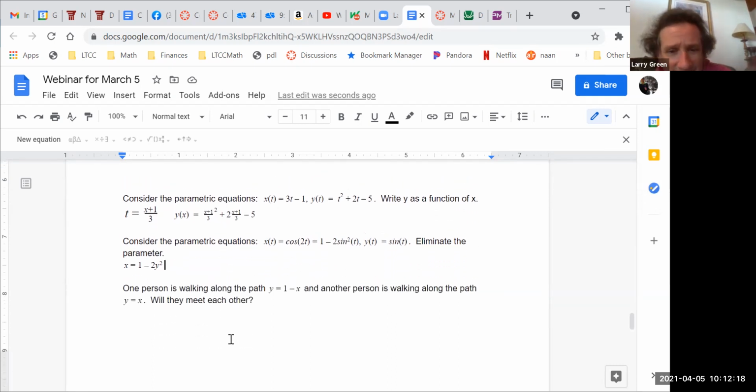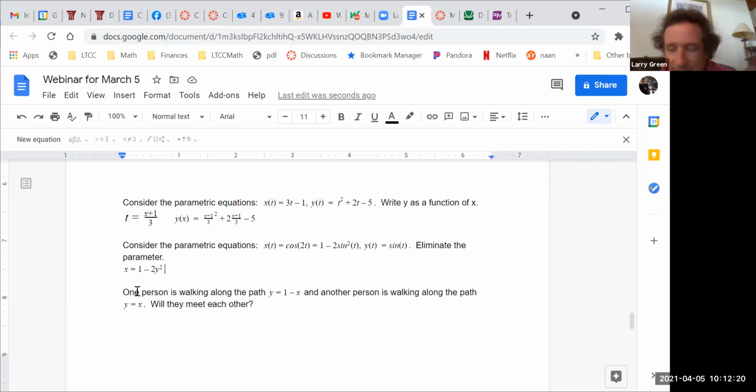Okay, and my last thing, this is one of my favorite kinds of applications: we have one person who's walking along the path y equals 1 minus x, and another person is walking along the path y equals x. Well, do they meet each other? What do you think?